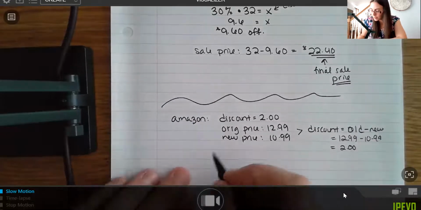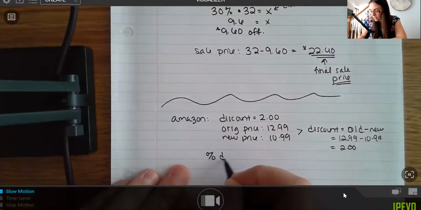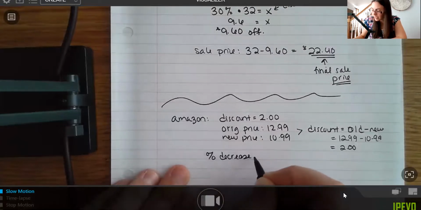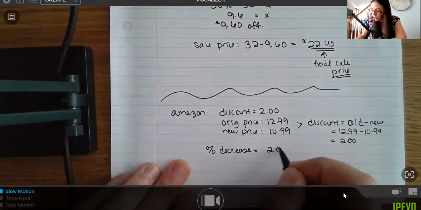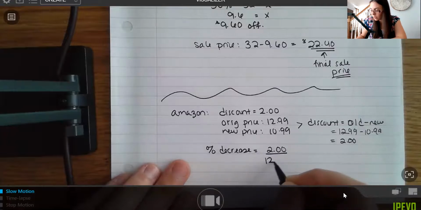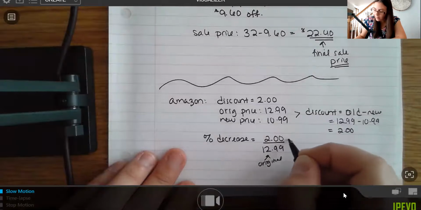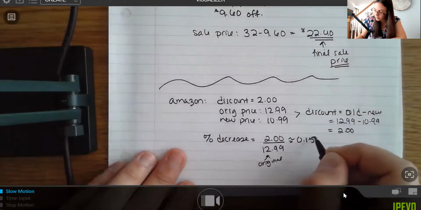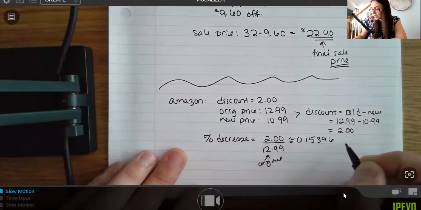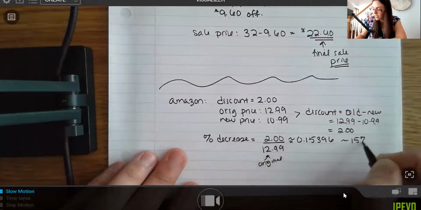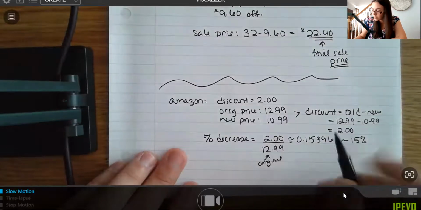And then the percent of decrease, remember, is this change over the original. So if you divide this out, you get about 0.15396. So according to Amazon, it's about 15%, moving that decimal point 2 spots to the right.